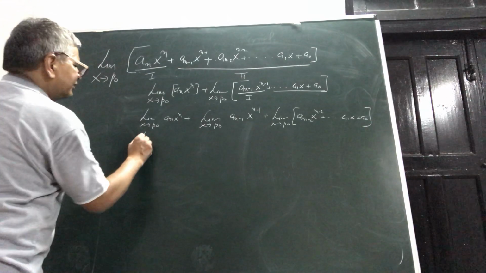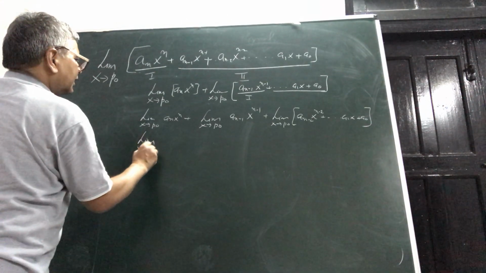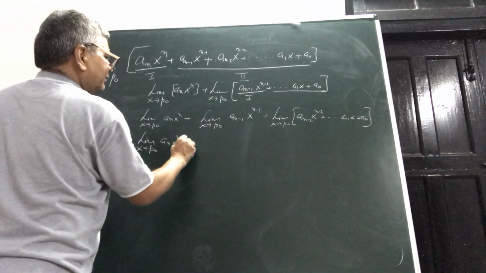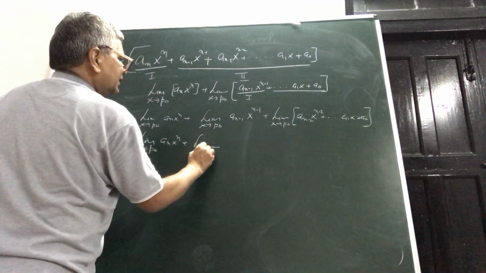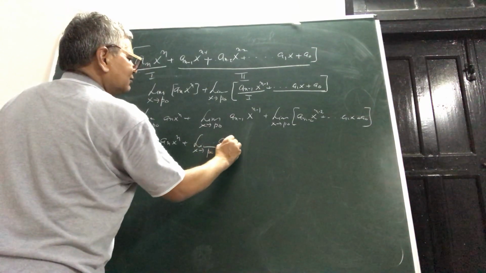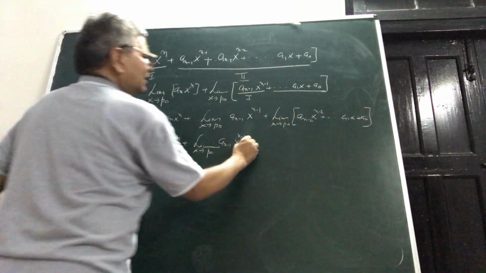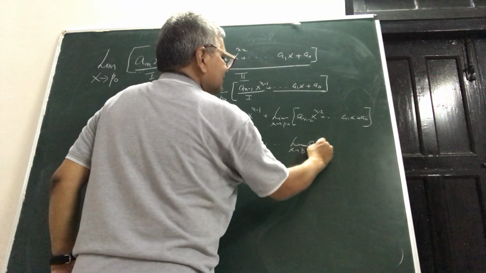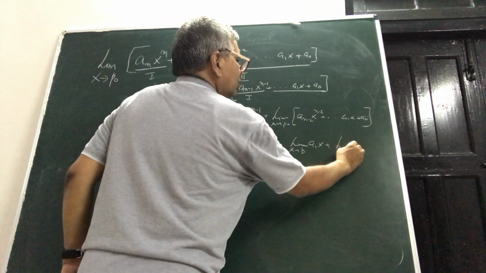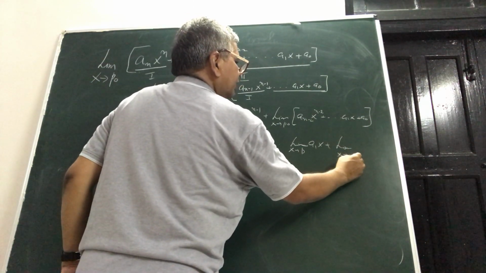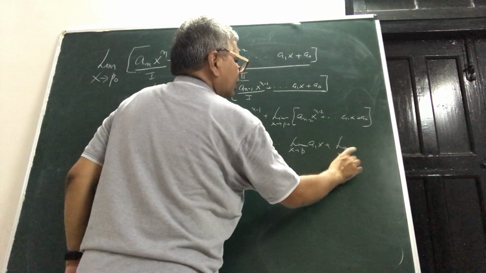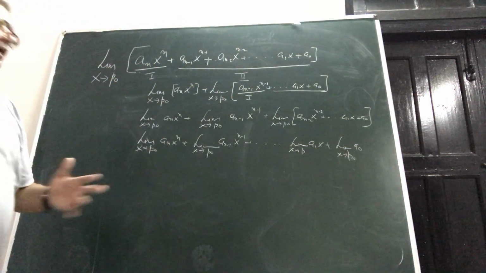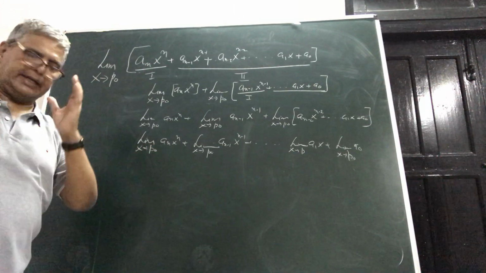So ultimately, with repeated iteration, we get limit x tending to p naught of a_n x^n plus limit x tending to p naught of a_(n-1) x raised to power n-1 plus, and then limit x tending to p naught of a1 x plus limit x tending to p naught of a naught. Now, one result I forgot to tell you, and take it for granted right now.